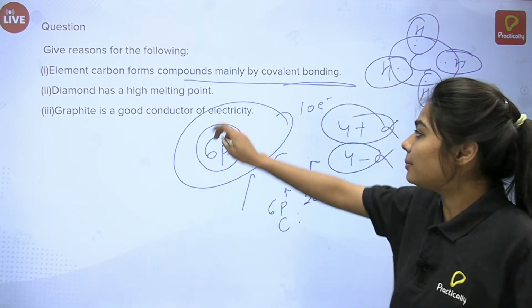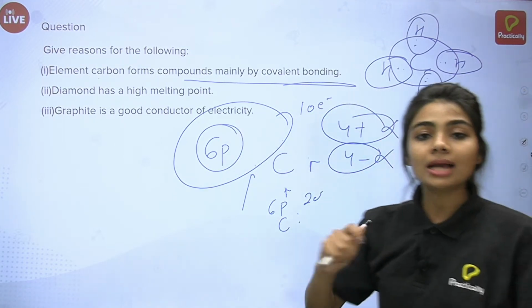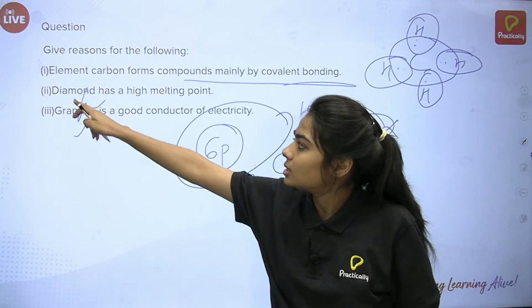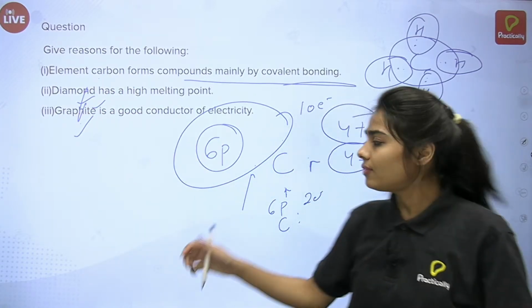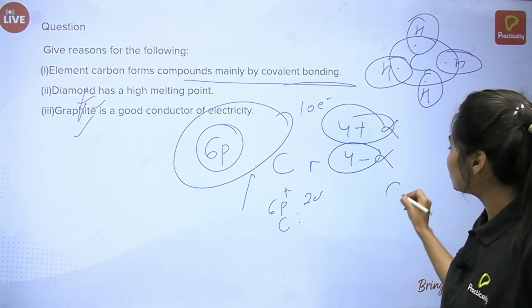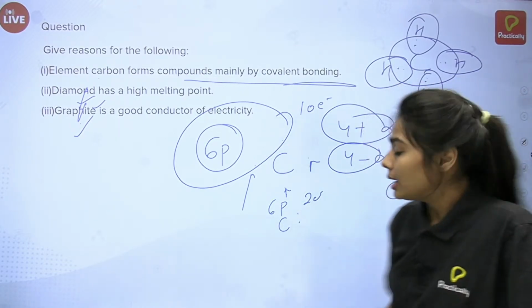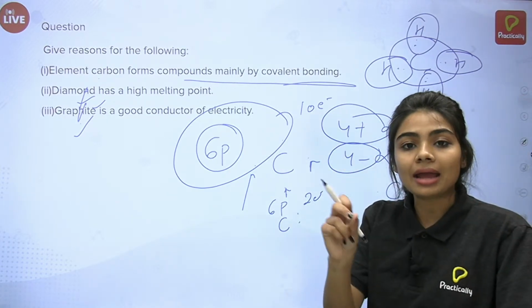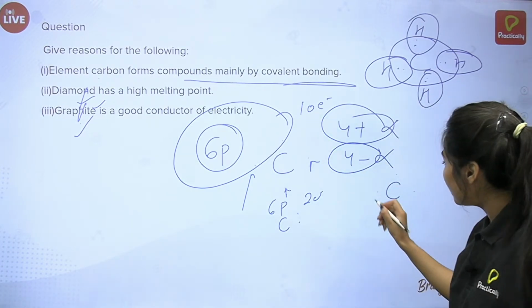Okay. Now, diamond has a high melting point. Why is it so? Let's talk about both structures, diamond and graphite. In the diamond structure, we have carbon. Carbon has 4 valence electrons, correct? In diamond, the structure is tetrahedral.